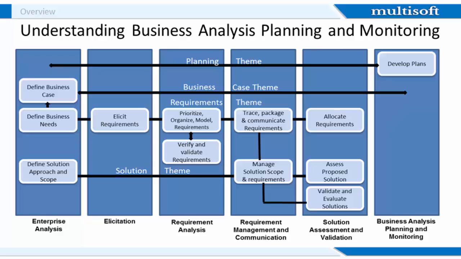In requirement analysis, you prioritize, organize, model, and verify and validate the requirements. You go into deeper analysis. You keep communicating the requirements. You keep managing the solution scope, so that scope creep doesn't happen. Then the solution is proposed, developed, pilot testing is done, and BA planning and monitoring is done. If you see the arrow above where I'm showing the cursor, it is from the start till the end. So that is how the work goes on with the knowledge areas.